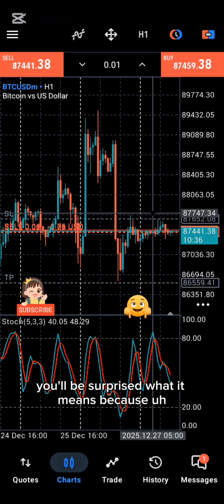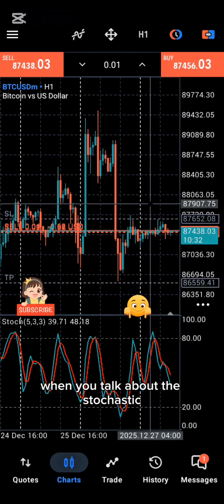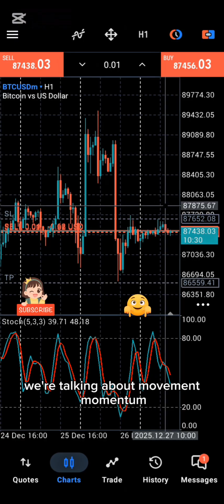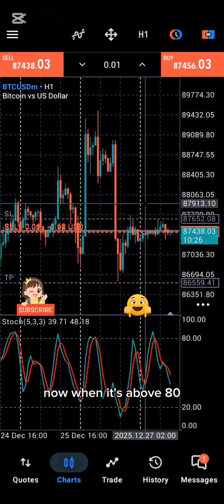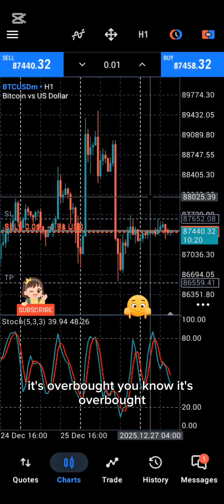You'll be surprised what it means, because when you talk about the stochastic, we're talking about movement, momentum. Now, when it's above 80, according to the general knowledge, it's overbought. It's overbought.